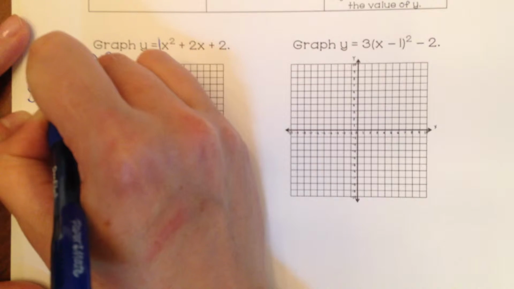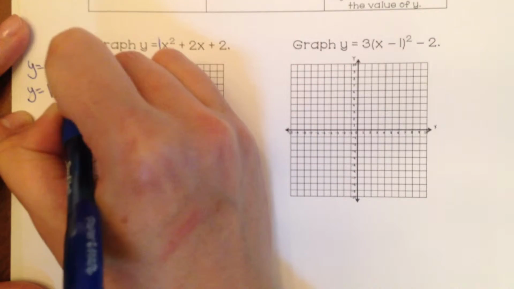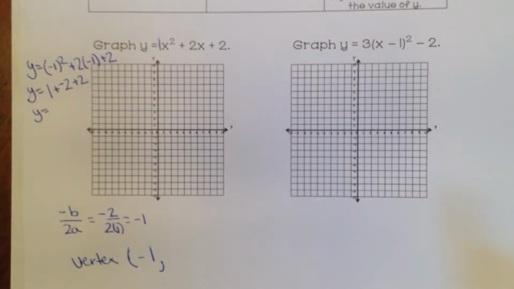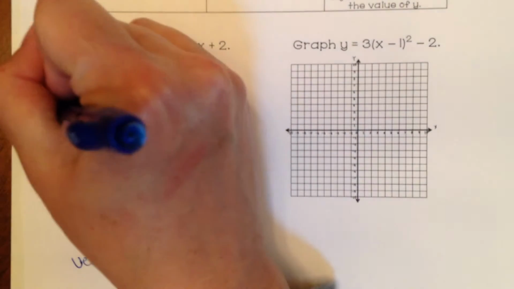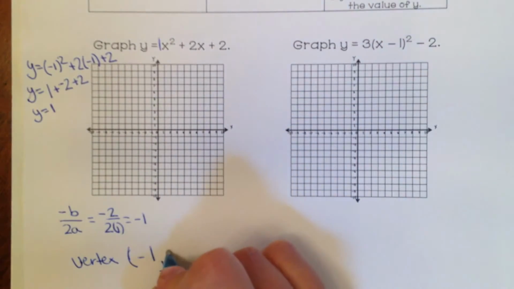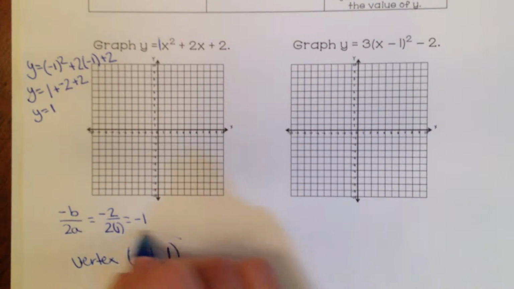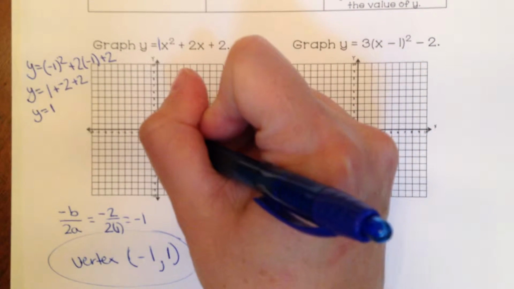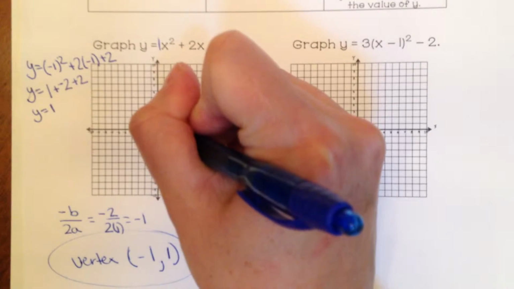Plus 2 times negative 1 is negative 2, plus 2. 1 plus negative 2 is negative 1. Negative 1 plus 2 is positive 1. So y equals positive 1. So this is our vertex. I'm going to plot that point. X is negative 1, y is positive 1.